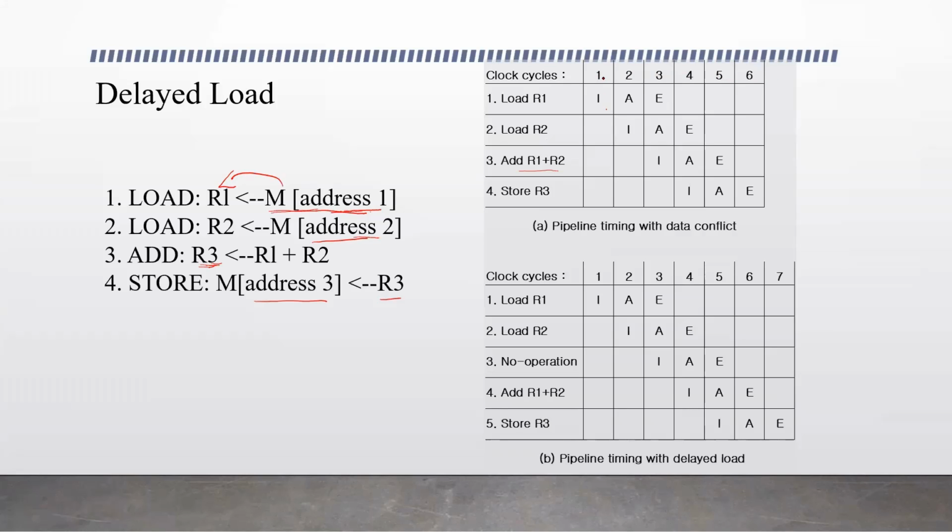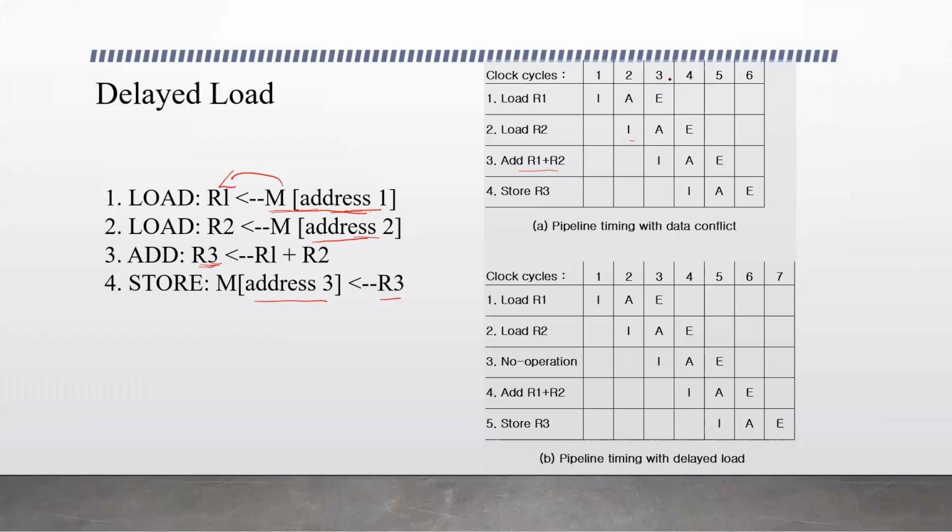During the first clock cycle, instruction 1 is fetched. During clock cycle 2, as these are done in different segments, they can be executed in parallel. Instruction 1 moves to the second phase, decode and ALU operation, while instruction 2 is fetched from memory into the CPU.